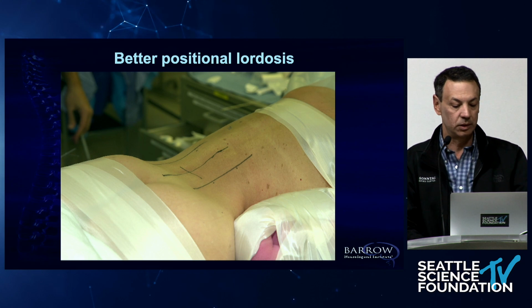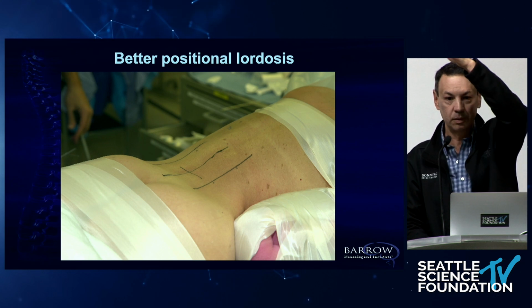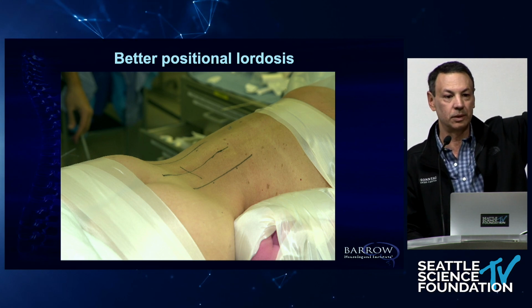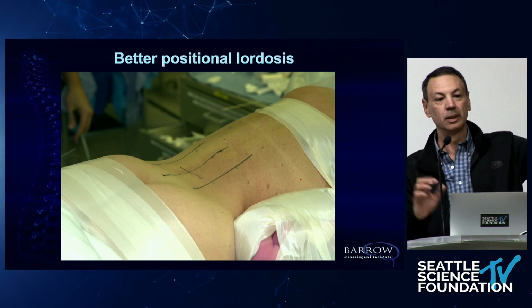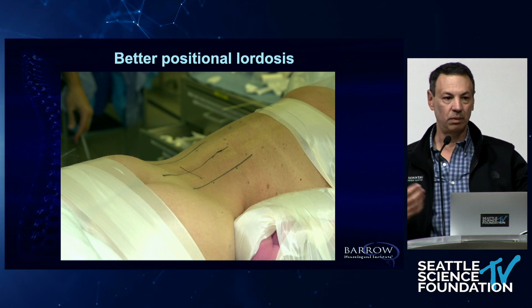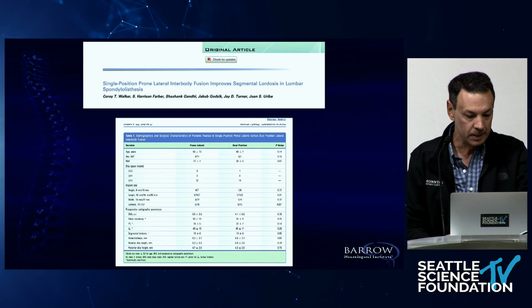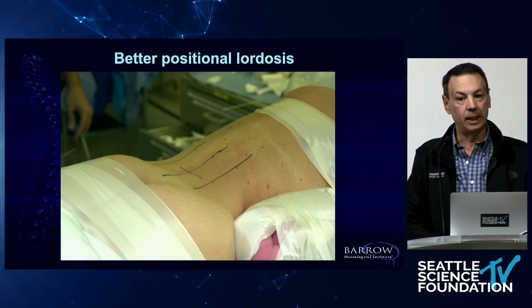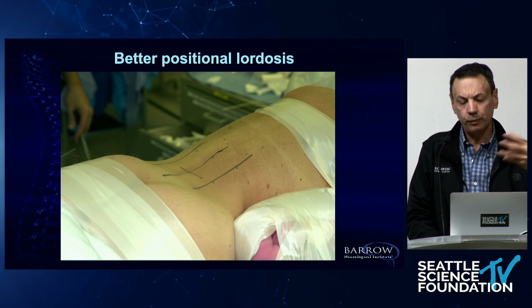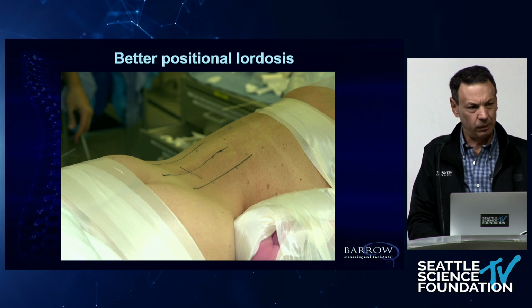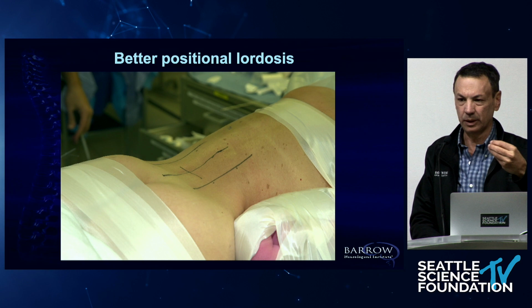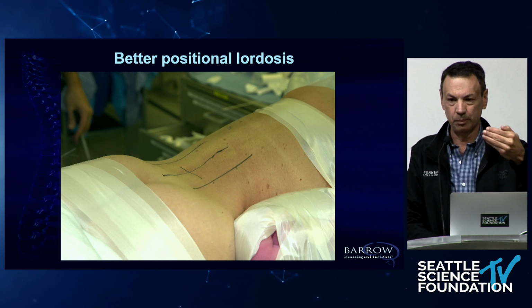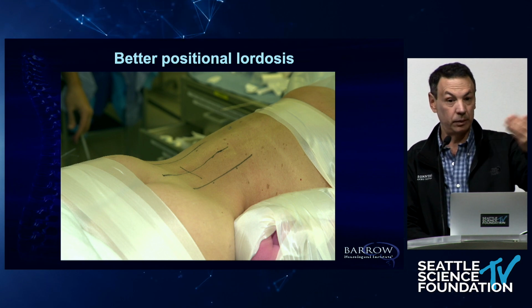Okay, lordosis. You take a little picture of the prone patient, amazing lordosis. When you put them in lateral supine, you need to start doing things differently than normal, yeah? So I was like, okay, we're doing these prone laterals. Are we really making any difference when measuring post-op and pre-op images compared to lateral?